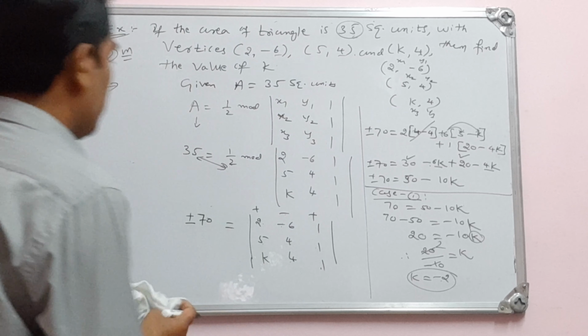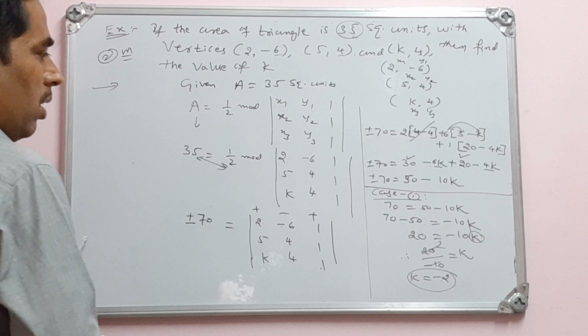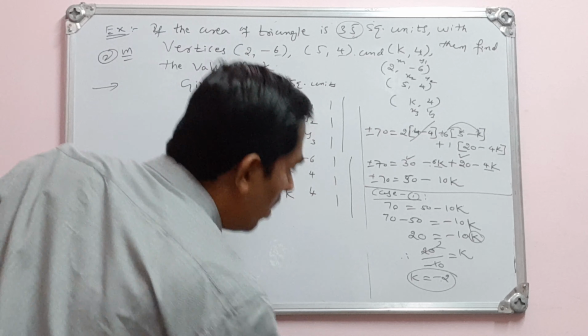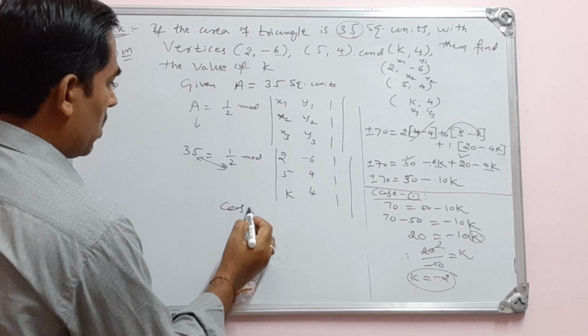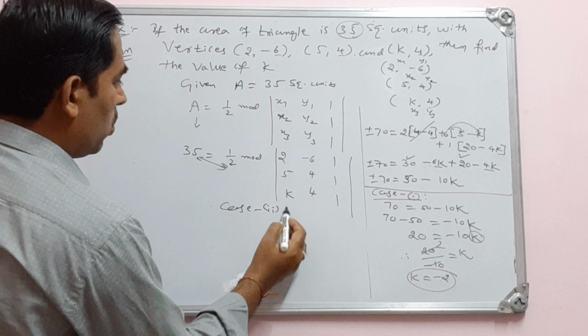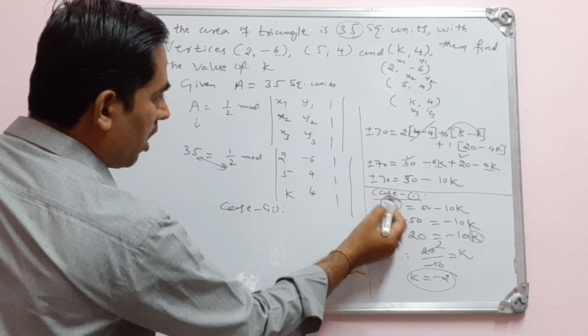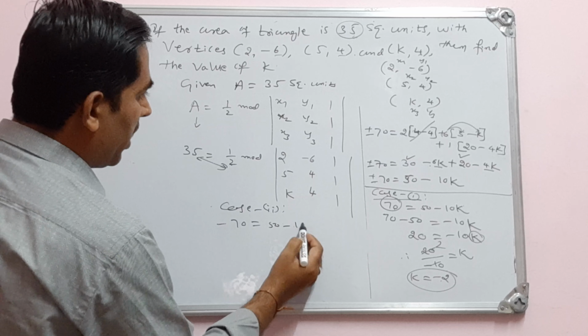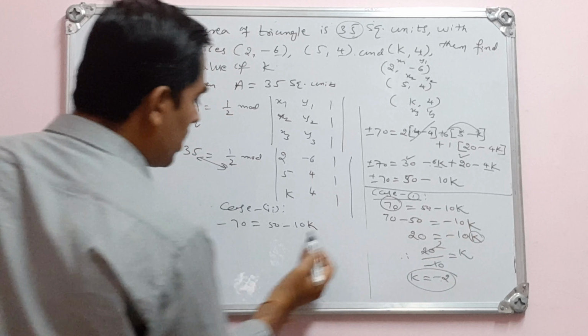So what is the other case? Case 2: instead of plus 70, I can consider minus 70. So minus 70 is equal to 50 minus 10k.